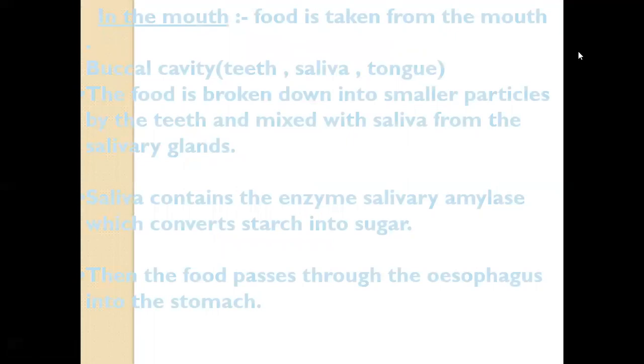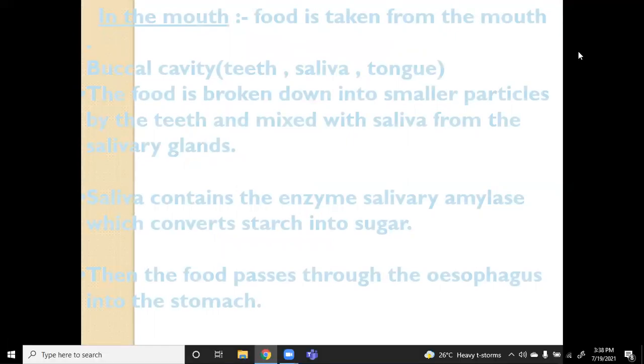Now we will describe each and every part of the alimentary canal one by one. It starts from the mouth, where ingestion of food takes place. That region is called the buccal cavity. It consists of teeth, saliva, and tongue. Teeth help in breaking food into smaller particles.